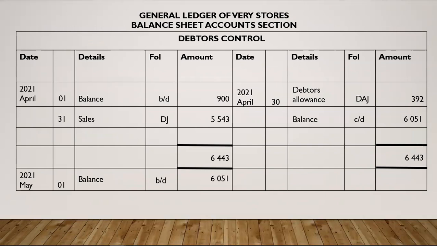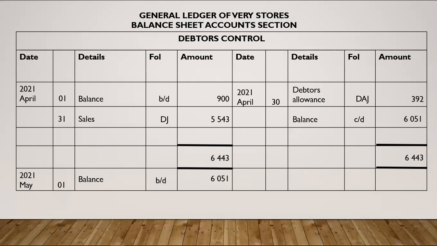I will simply take the 900 Rand, add it with 5,543. It'll give me 6,443, and then you minus 392. It'll give me 6,051. Okay, then we're done with this.